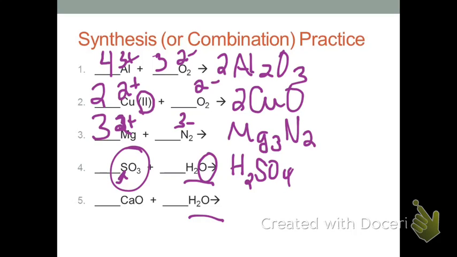In 5, you have water again. This is a metal, calcium's a metal, with oxygen, so you know that you're going to make a base. Calcium has a charge of 2 plus, hydroxide has a charge of 1 minus, swap and drop, and there's your base. Balance it, and you'll notice that it is already balanced.